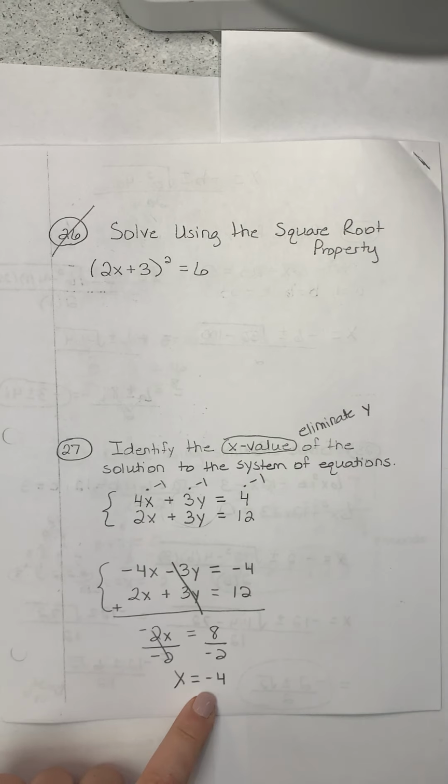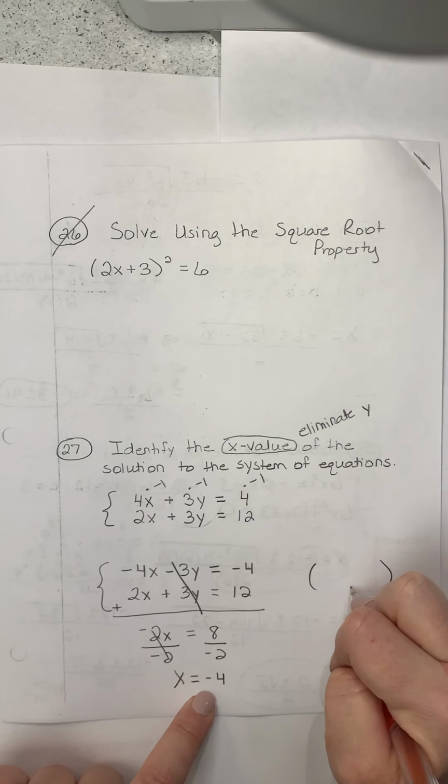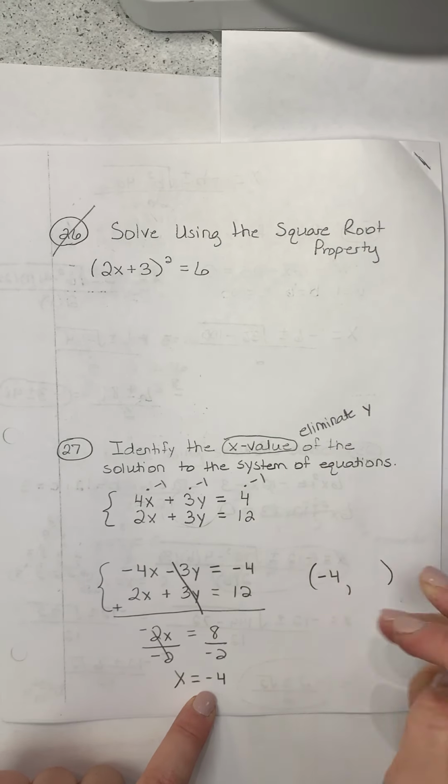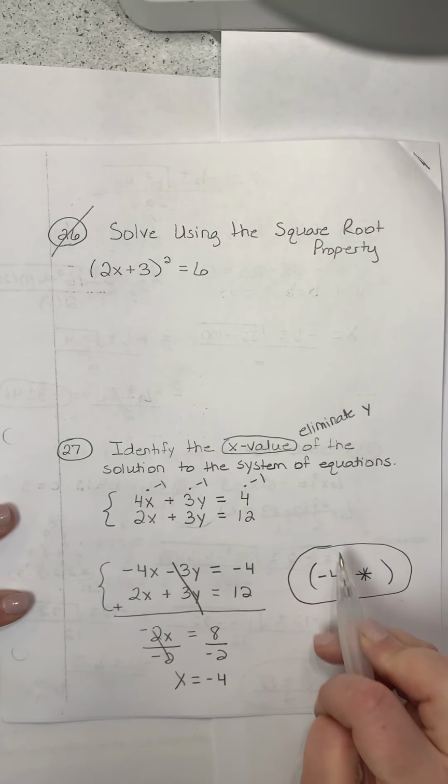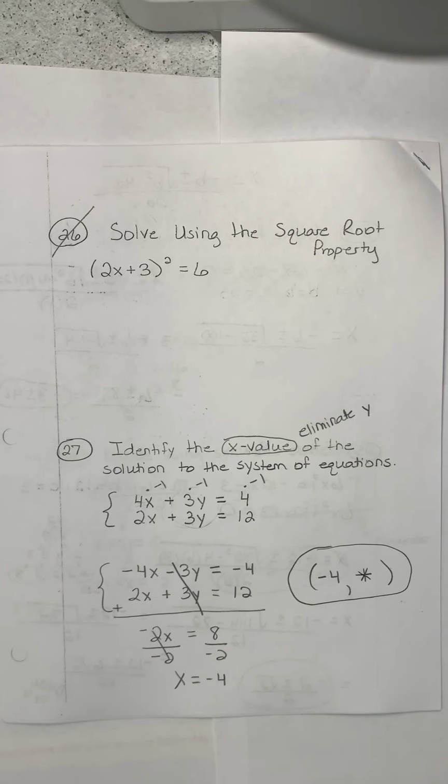Normally you put your x value here and then your y value here, like a little coordinate pair. But we don't know y, so what they're going to do is put this weird funky little asterisk in there, and that's the answer choice that you're going to go for.